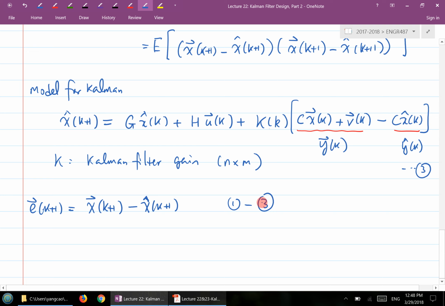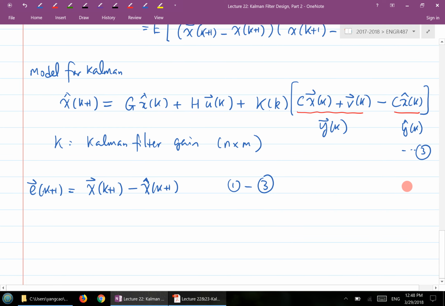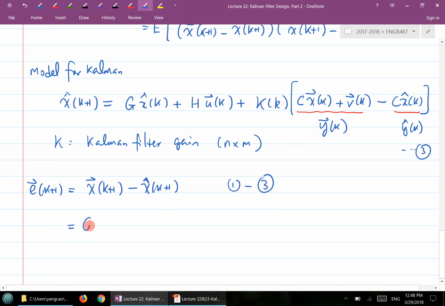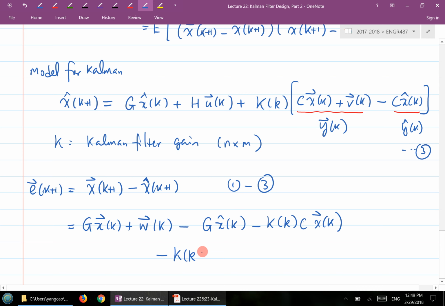Now, when you do this subtraction, what it turns out to be is this: G x of k plus w of k, minus G x hat k, minus the Kalman filter gain K times C x of k, minus Kalman filter gain K times v of k, plus K C x hat k.